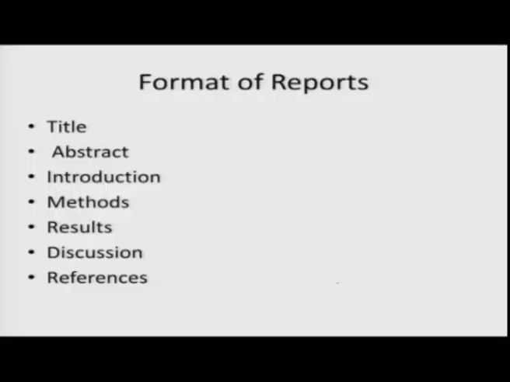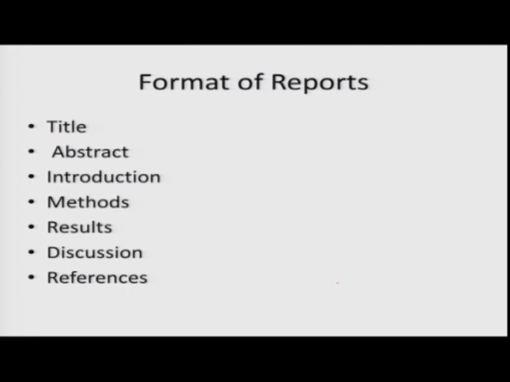After you have conducted the research study, analyzed the data and have the findings, now you have to report. The general format of a research report is given here. Sometimes this format varies.